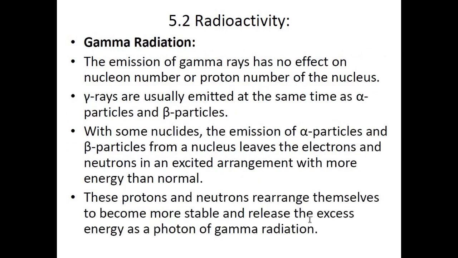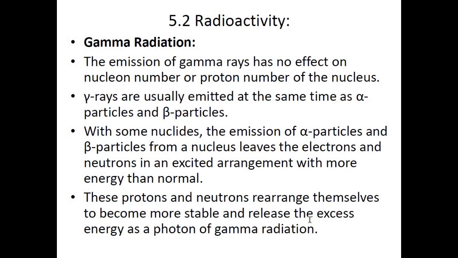The last type of radioactive emission is the gamma radiation. It has no effect on nucleon number or proton number, it is pure energy. These are usually emitted at the same time as alpha or beta particles. With some nuclides, the emission of alpha and beta particles leave the protons and neutrons in an excited state.